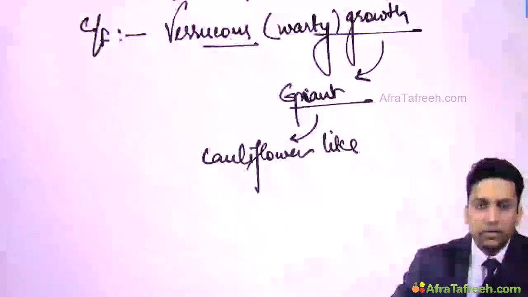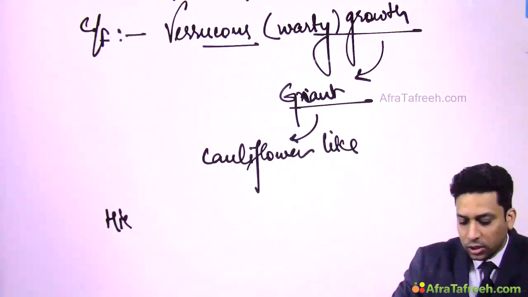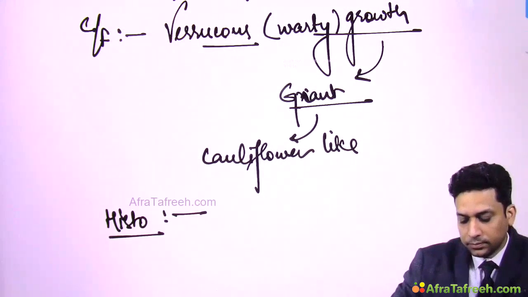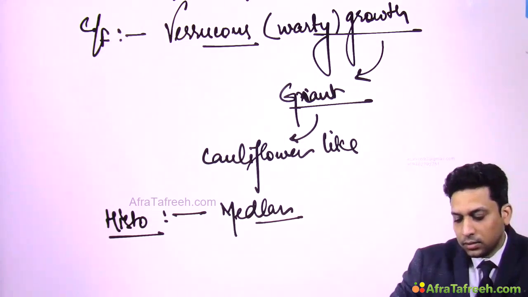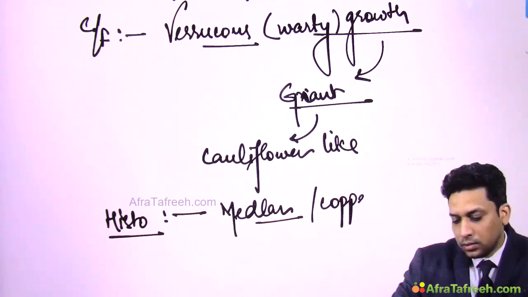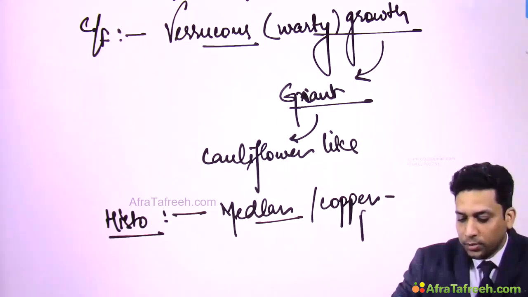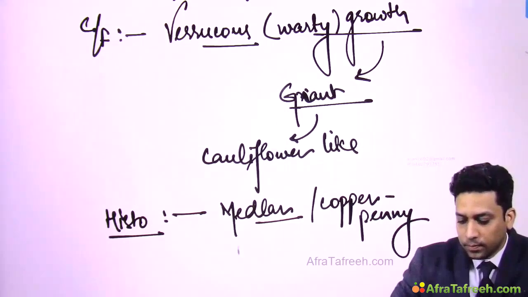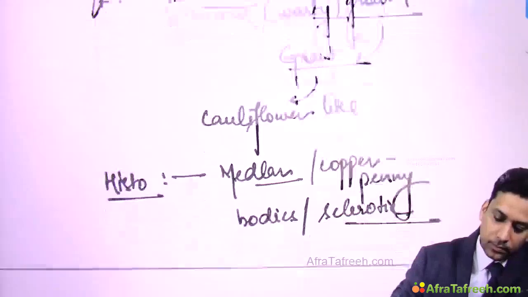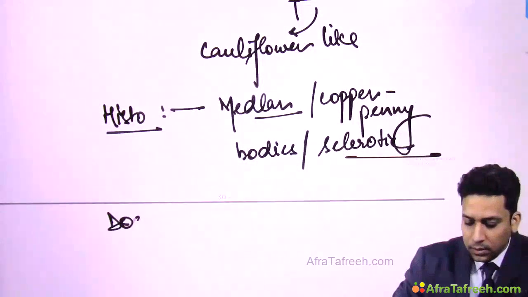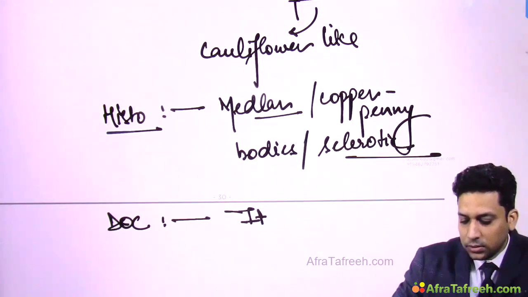If you do histology from these lesions, you will get muriform bodies, also known as copper penny bodies or sclerotic bodies. The drug of choice for this condition is itraconazole.